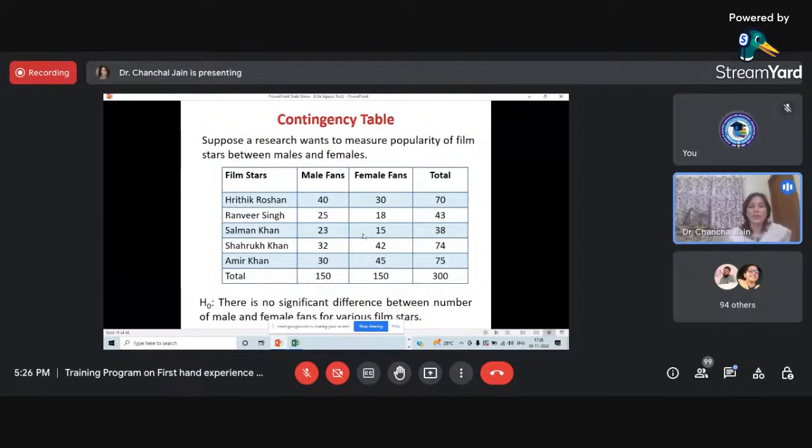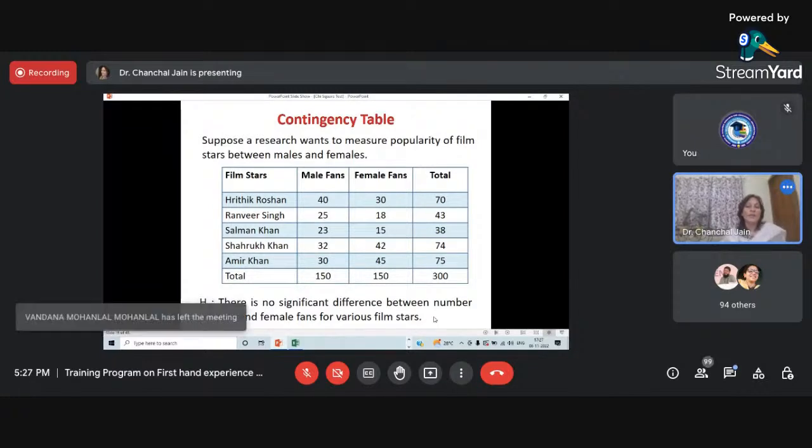For this type of data, we can frame our hypothesis as: there is no significant difference between the number of male and female fans for various film stars. Another way of framing this hypothesis is that the popularity of film stars is independent of gender.